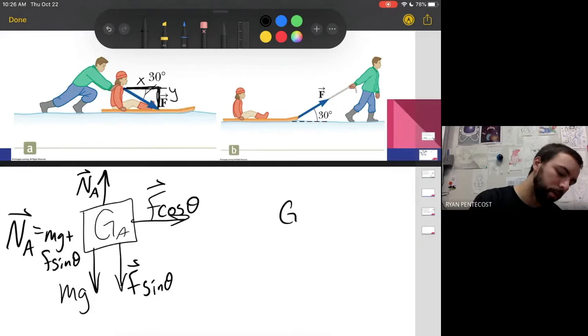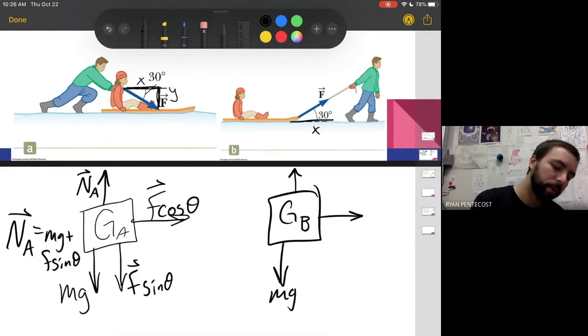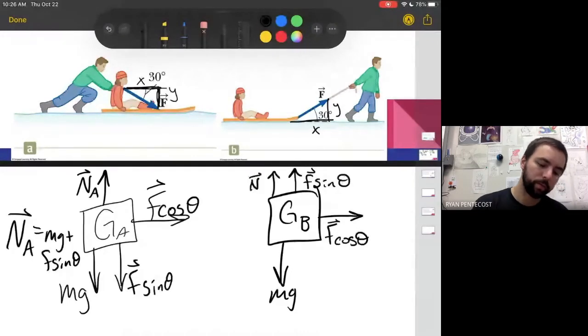Now on scenario B for the girl, she's got her mg, then that pull force is going to the right and it's going up. So again, here x would be cosine, y would be sine to that angle. So we have F cosine theta and F sine theta, then normal force. Well, that normal force needs to balance this now. This is going to be a little bit more complicated.